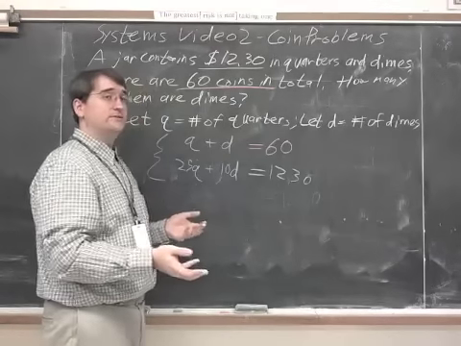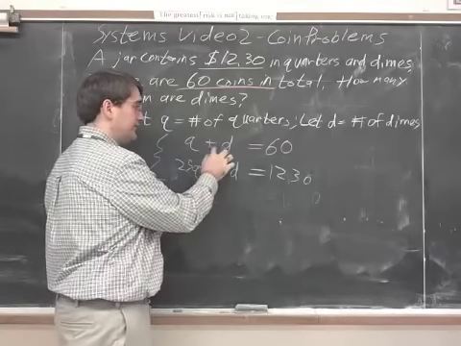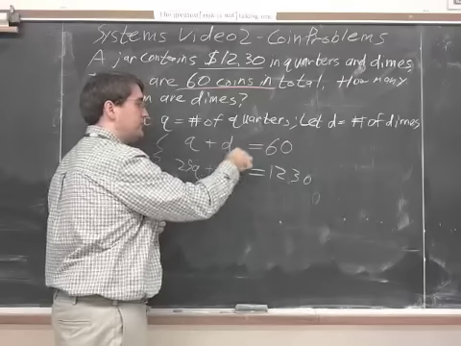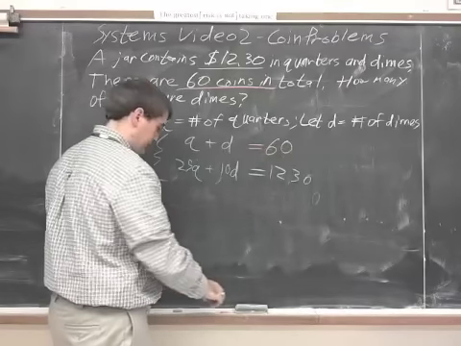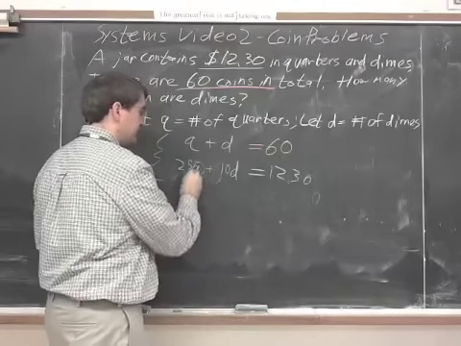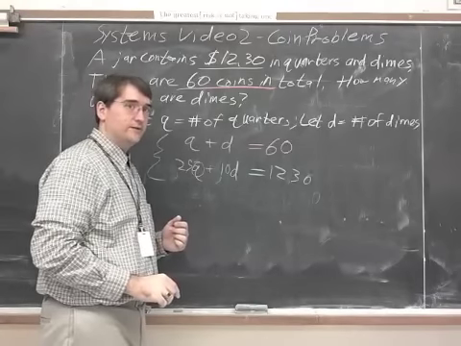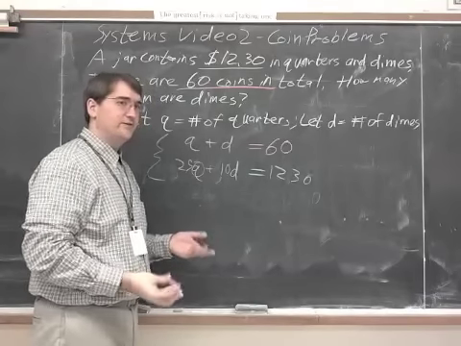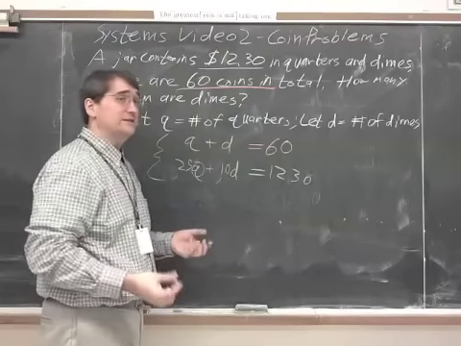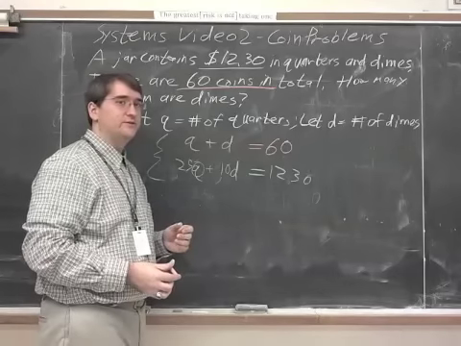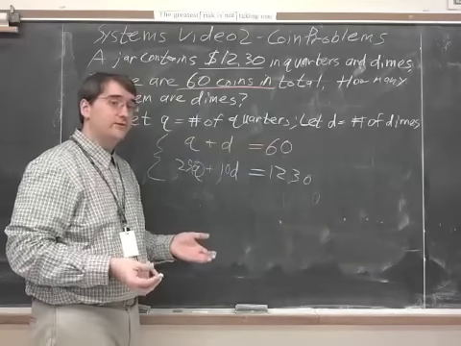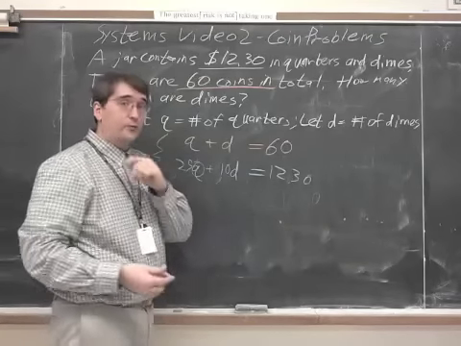Or you could use substitution. Take this equation, subtract the D over, so we get Q is equal to 60 minus D, and then substitute that 60 minus D into that Q right there. There are a lot of strategies. It's up to you to decide what works best for you, what's easiest for you. I will tell you this much.